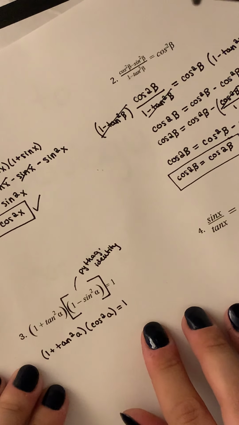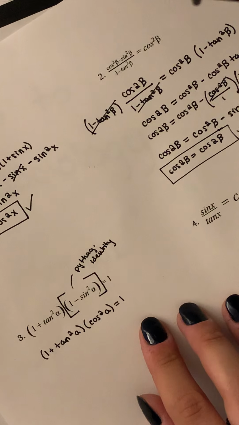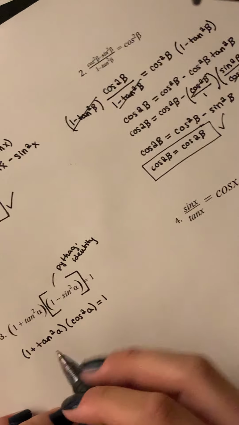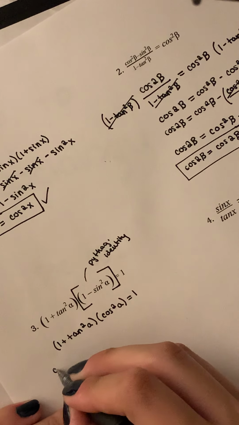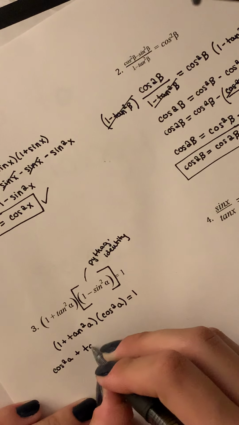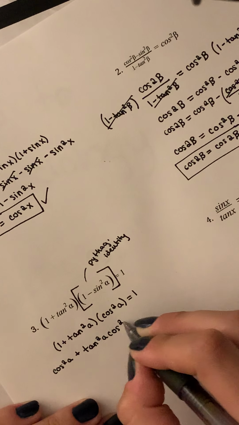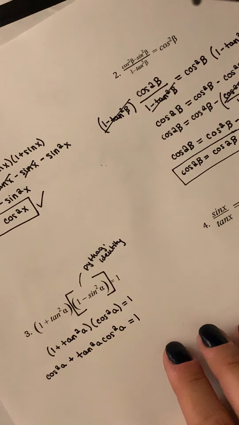Okay, so now looking at what we have, now that we've simplified all we can simplify with what we were given, I'm going to move on to distributing. So we have 1 times cosine squared A, which is cosine squared A, plus tangent squared A times cosine squared A, and those equal 1.